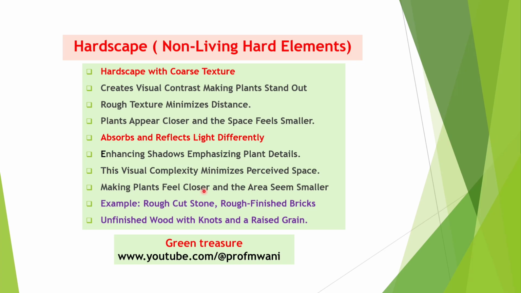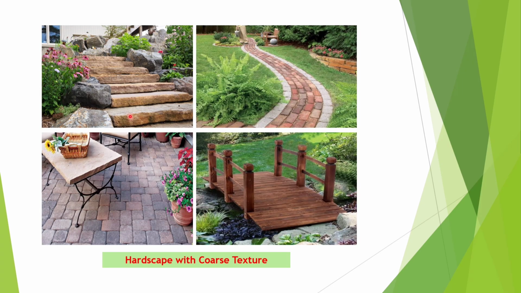So you can use here rough cut stones, rough finished bricks, unfinished wood with knots and raised grains. These are some examples of a rough texture hardscape. This is the rough texture, which are stones. Here are bricks, here is wood, and these are tiles which are not finished tiles.